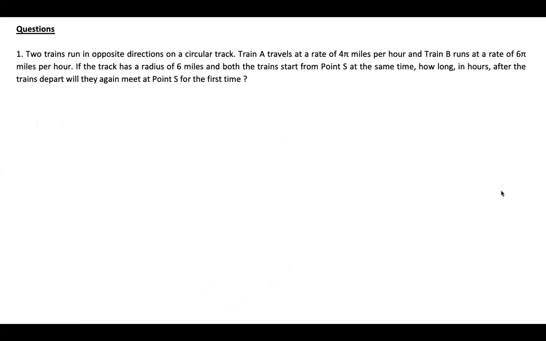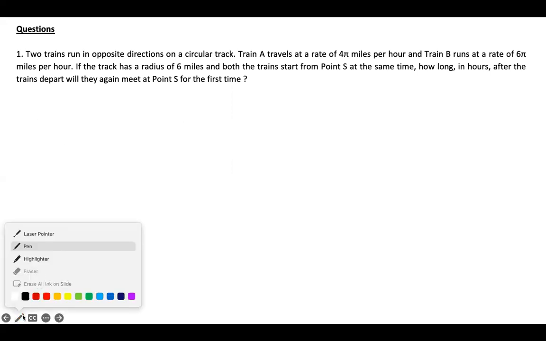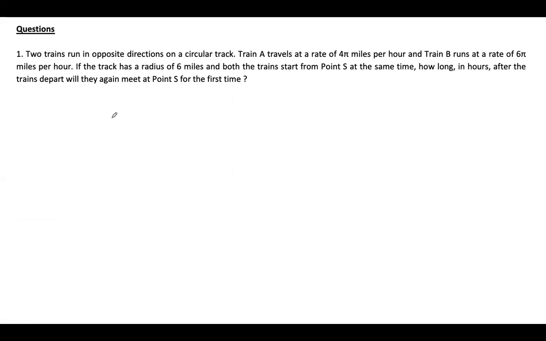Coming to questions. Neil, explain the first question. Two trains run in opposite directions on a circular track. I was drawing a rectangular track, I'm so sorry.